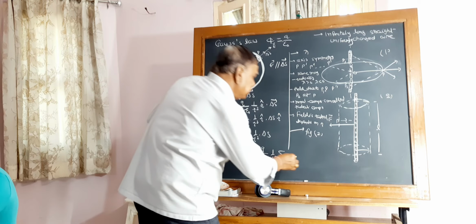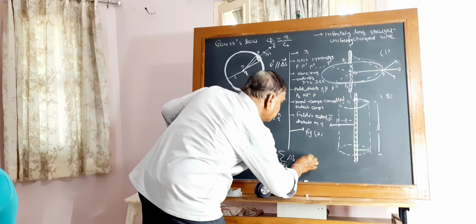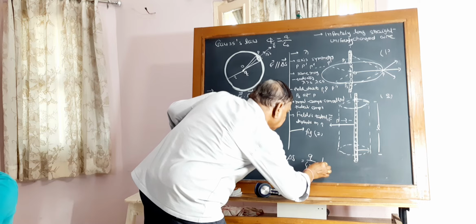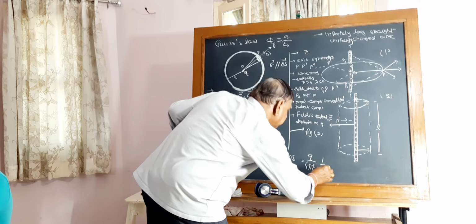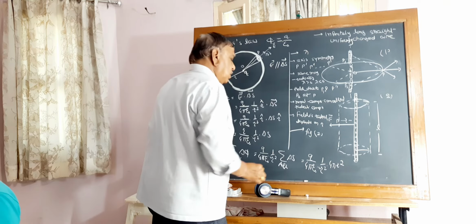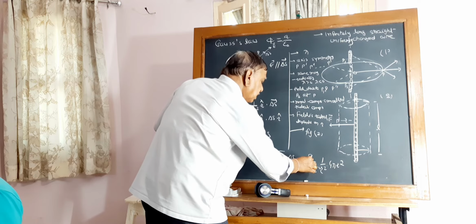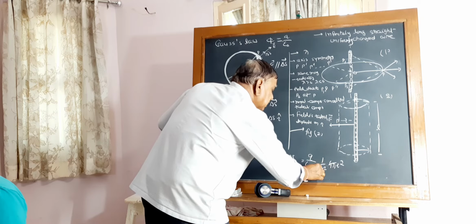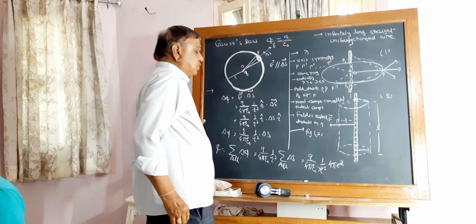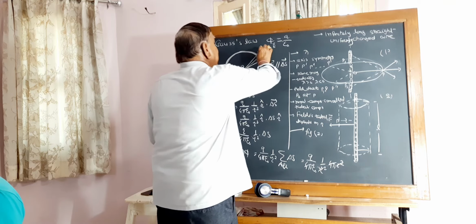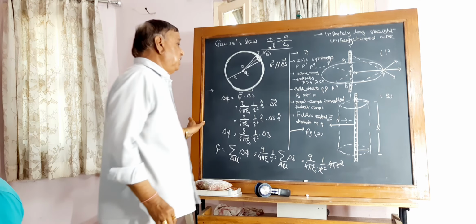So we can write q upon 4 pi epsilon 0, 1 upon r square, into 4 pi r square. So 4 pi r square cancels. So the answer is q by epsilon 0, as we started.